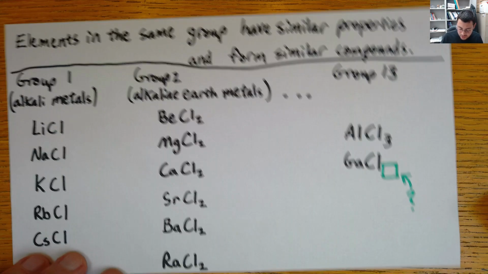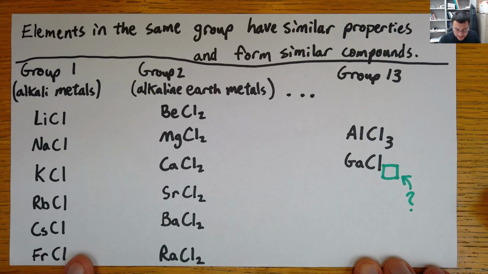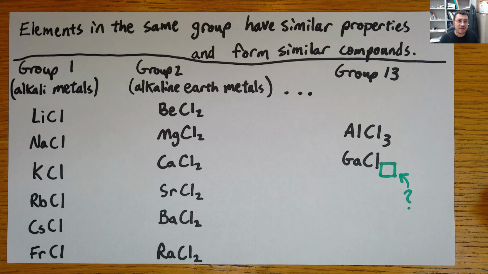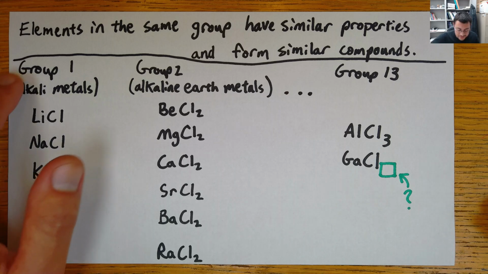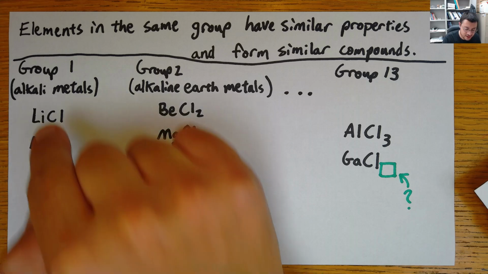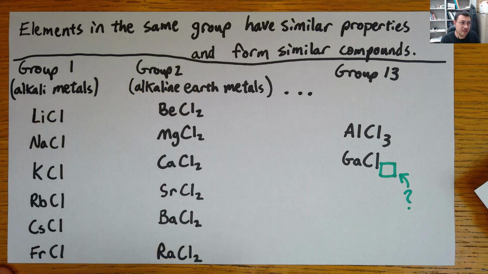We're almost ready to show the table, but I haven't fully answered the question of why we have a periodic table in the first place. I did mention it's an organization system. Let me show you the power of this organization system. Right here, we have a list of different chloride compounds, chloride salts.